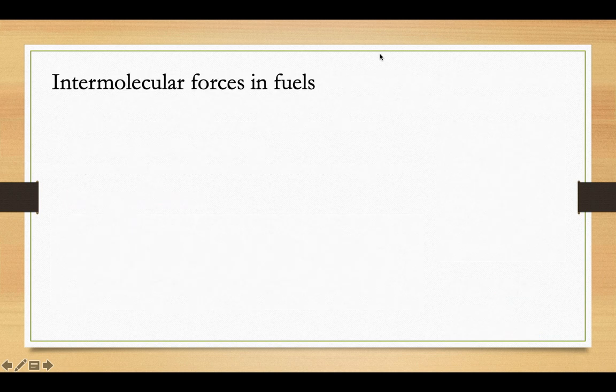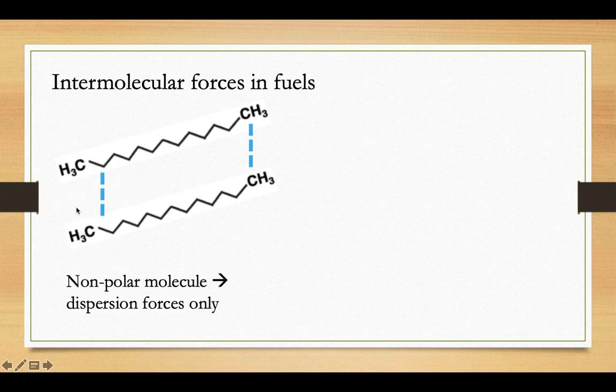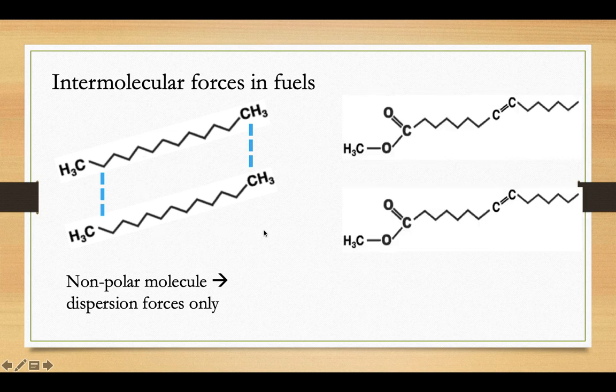So, let's examine the intermolecular forces in both fuels. First of all, for petrodiesel, since they're all alkanes, molecules are nonpolar, so the only intermolecular forces between molecules are the dispersion forces. When it comes to biodiesel, we know that we have ester functional groups in their molecules.